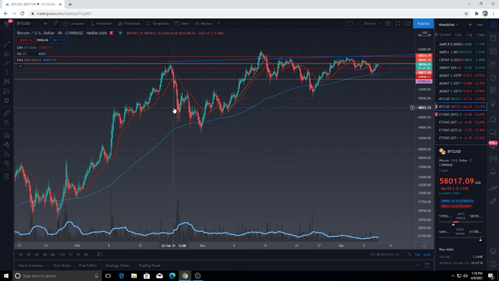You'll see the biggest candles usually are right on these capitulations. And here, another big candle right at the bottom of this one. Here, biggest candle right here is right at that bottom.